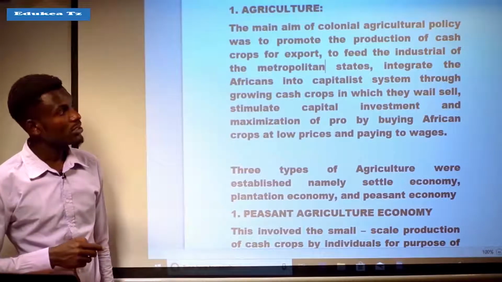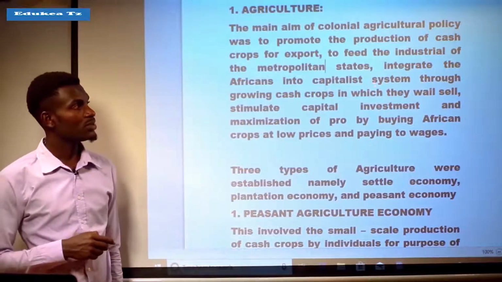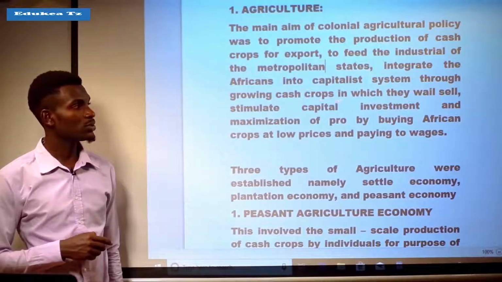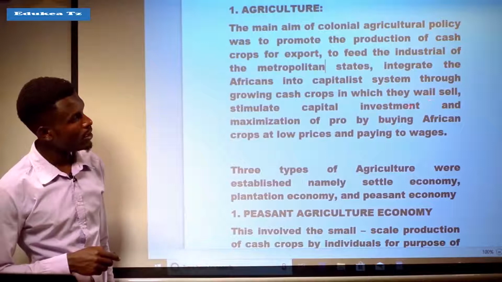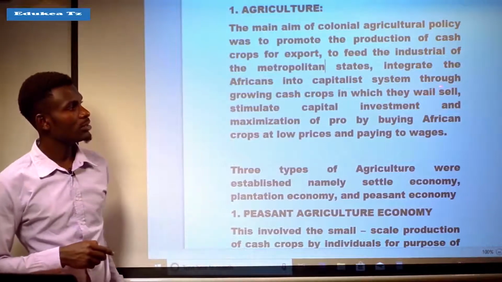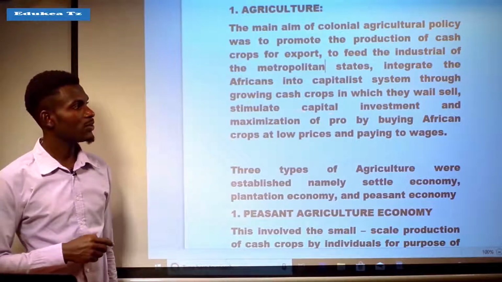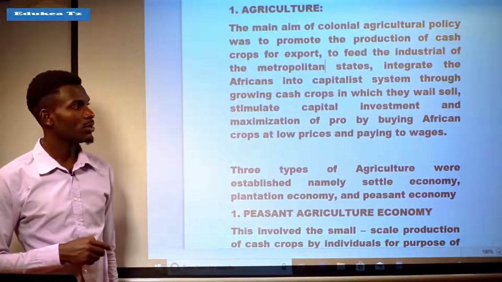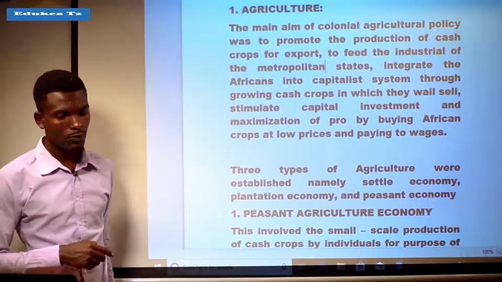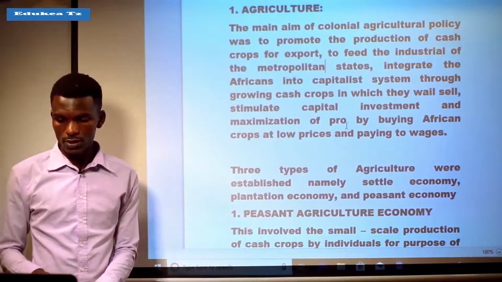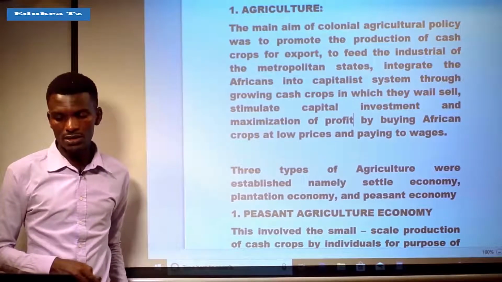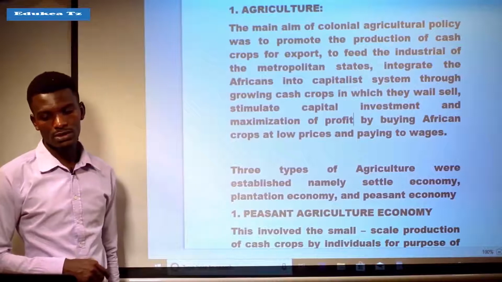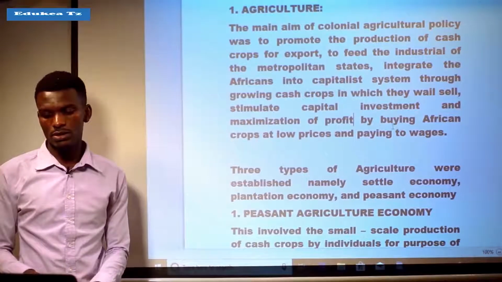as also to integrate the Africans into the capitalist system through growing cash crops which they would sell, stimulate capital investment and maximization of profit by buying African crops at low prices and paying low wages.